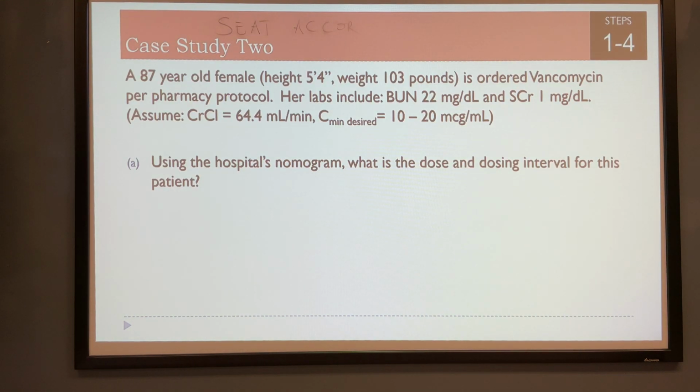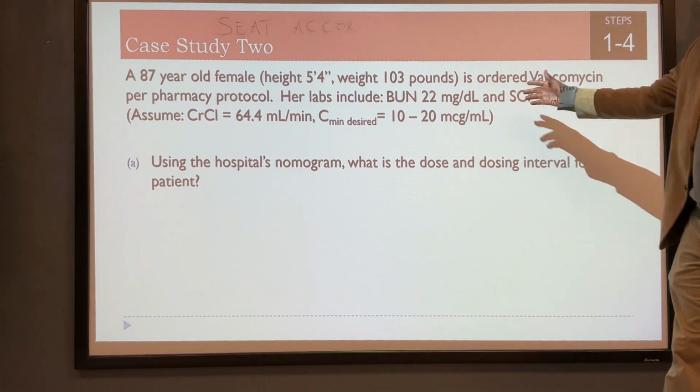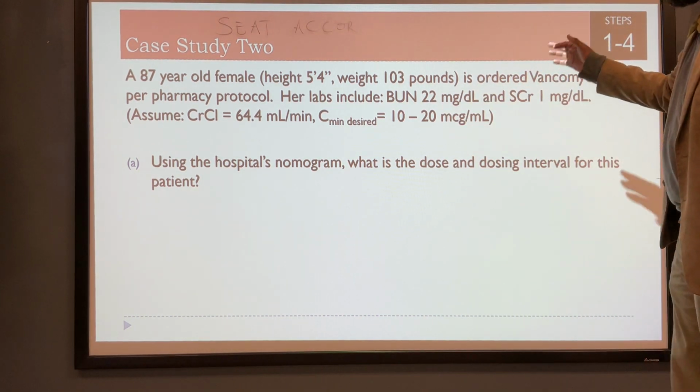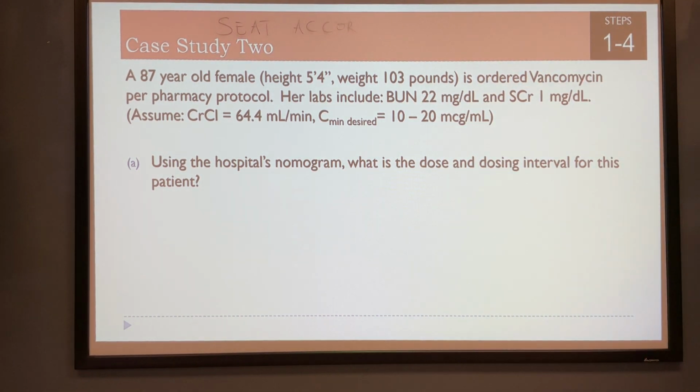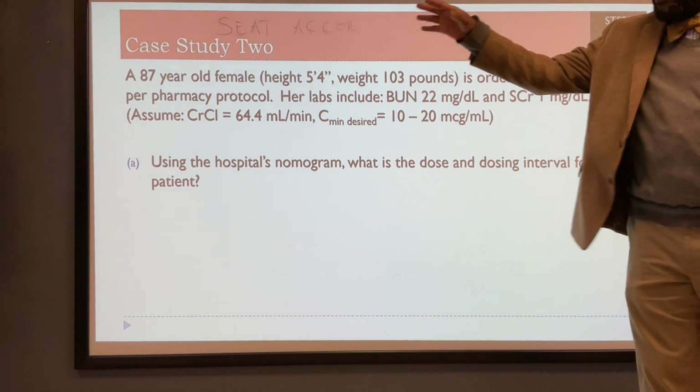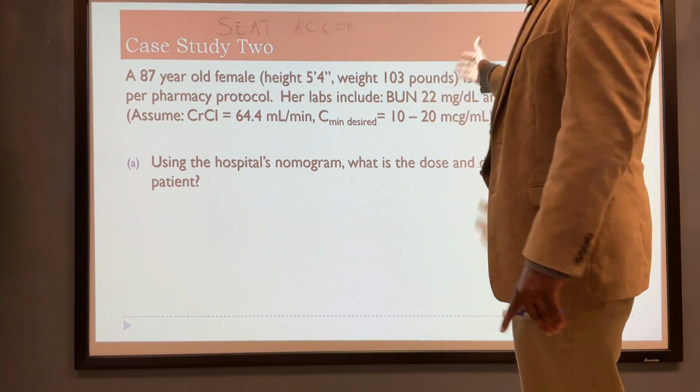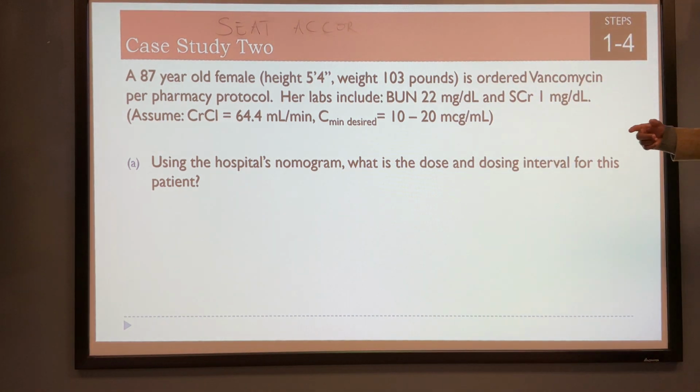All right, we can do the same approach with vancomycin. Vancomycin has nomograms as well. As I mentioned before, a lot of the nomograms are based on calculations, obviously, but instead of calculating them out or using formulas, we use a weight-based dosing strategy.